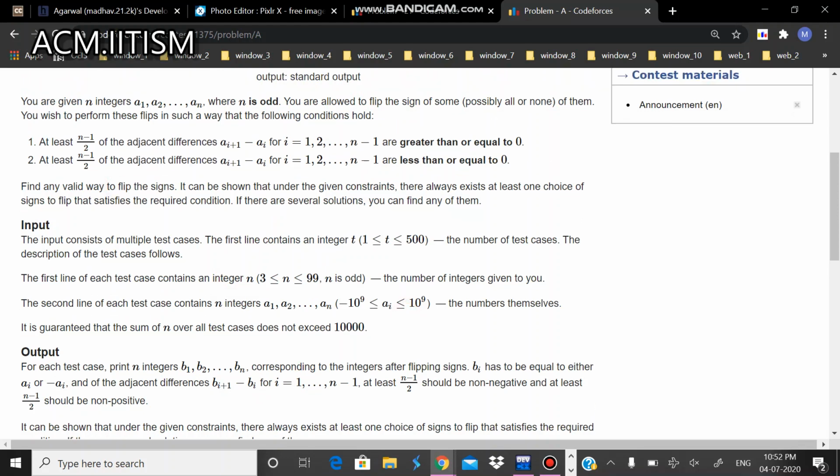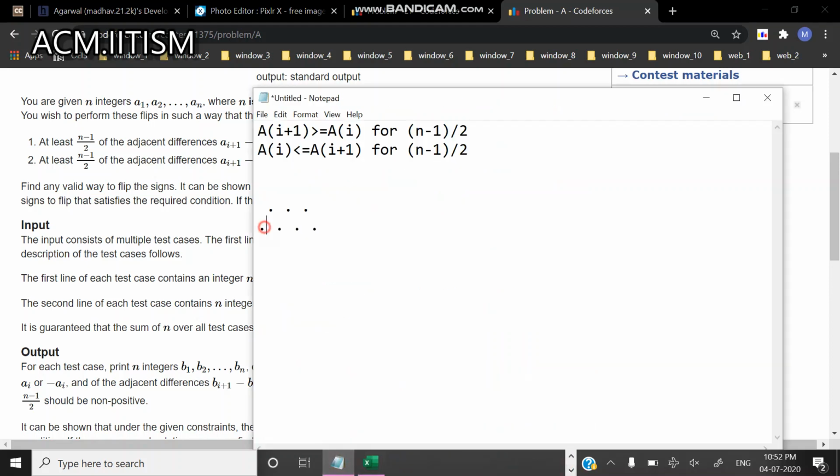So for all the even positions, I'll take the negative of that number, and for all the odd positions, I'll take the positive of that number. This will ensure that this number will be smaller than this number, and the same thing is repeated.